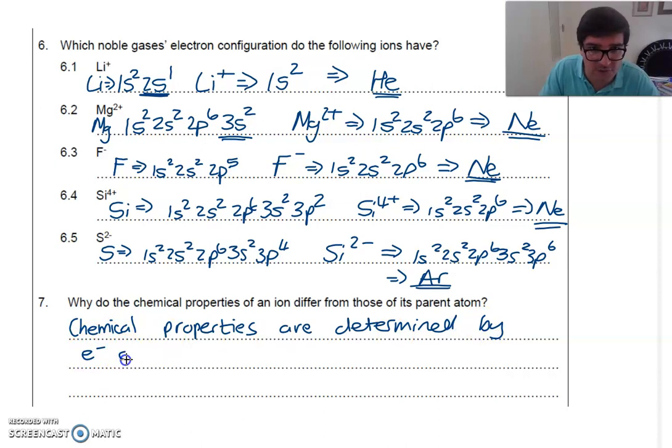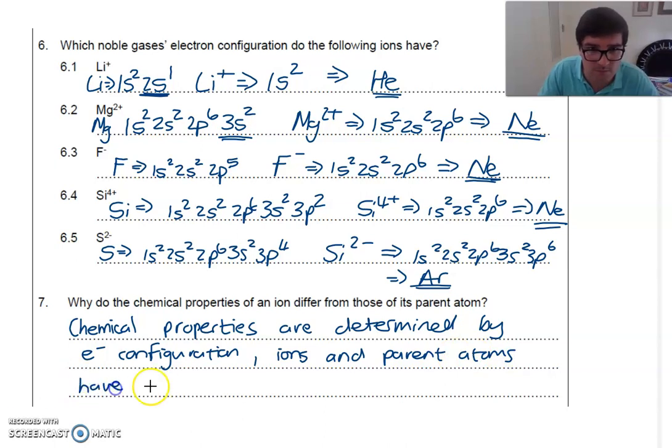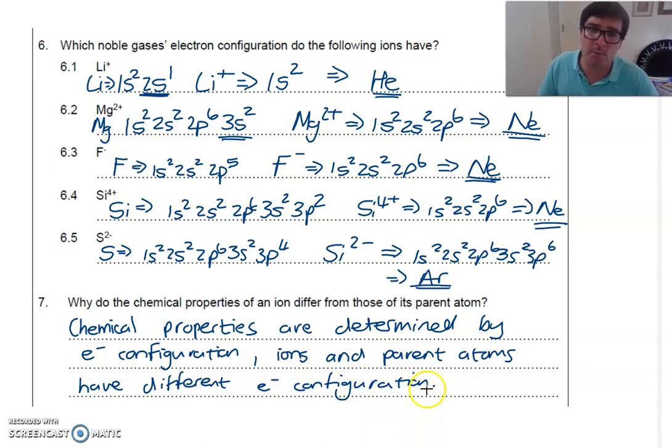So if it's determined by electron configuration and we've got different electron configuration, we will have different chemical properties. Okay, so that's the reason why it will differ. And remember, the ions will be much more stable and react much more like our noble gas atoms.